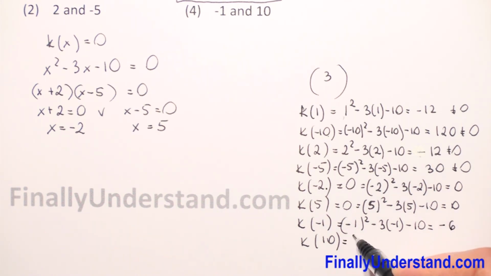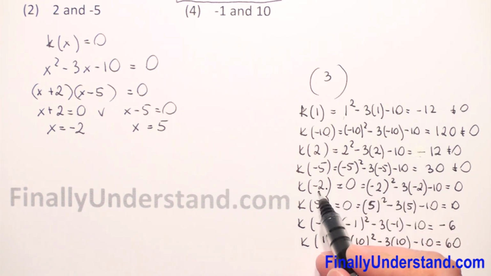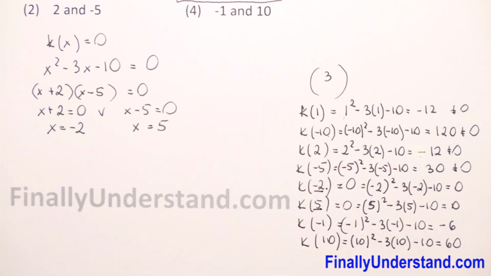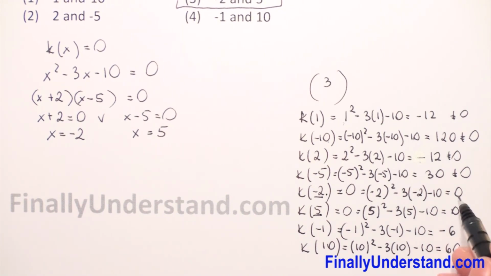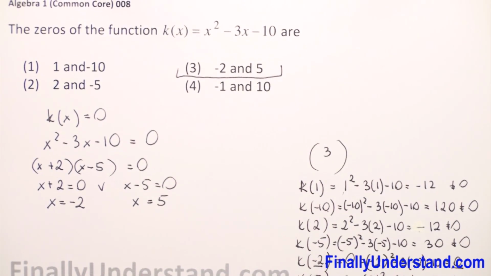And when we substitute x by 10, it will be 100 minus 30 is 70, minus 10 is 60. So we see that only for negative 2 and 5 our function is equal to 0. So this is my solution.